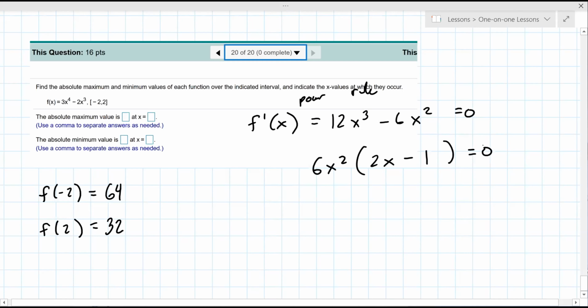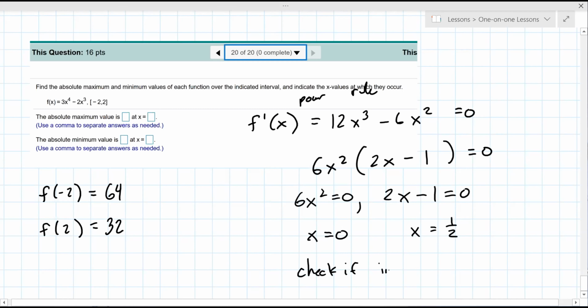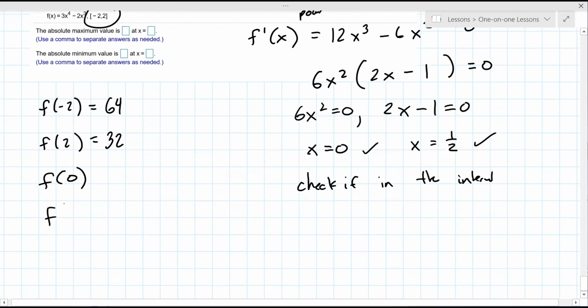You set this equal to 0. So that means 6x squared equals 0, comma, 2x minus 1 equals 0. Here x is 0, here x is 1/2, and then you check if they're in the interval, meaning from -2 to 2. And they both check out. Both of those are called critical points, and you come back here and say, what's f of 0 and what's f of 1/2?